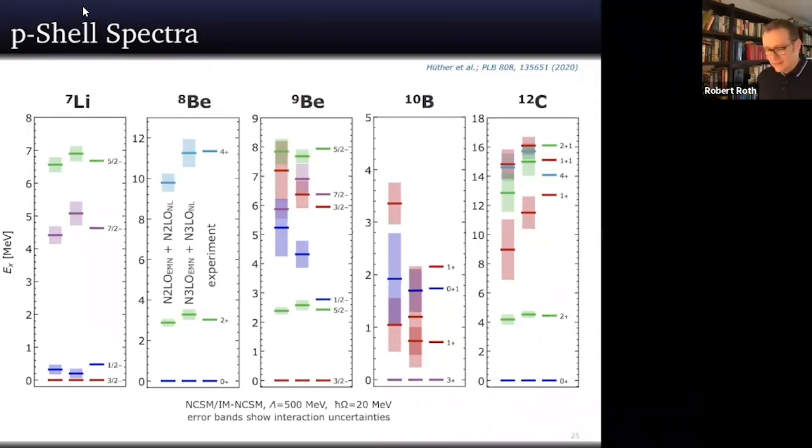So there are lots of discussions, lots of papers, for example, about boron-10, the spectrum of boron-10, the features of the interaction that you need to even describe the correct ground state spin. This is non-trivial. Many interactions get this 1+ state here as a ground state of boron-10.